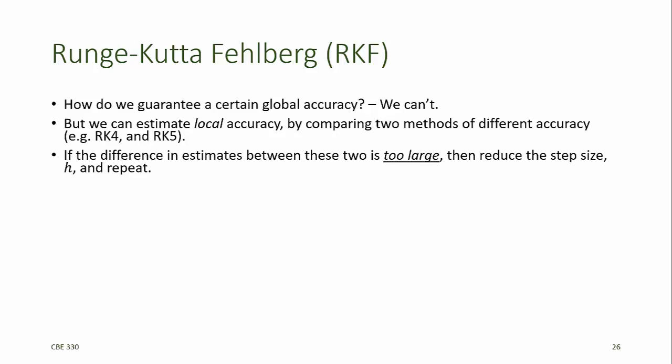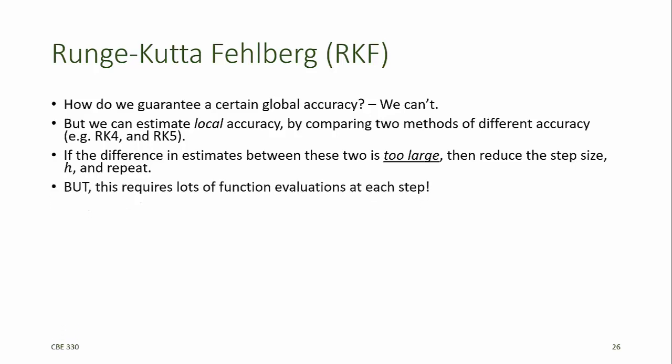If the difference in the estimates between these two is large, then it's likely that neither one of these is a great estimate, and we should go to an even higher order Runge-Kutta method if we want to improve the accuracy. We could also improve the accuracy by simply reducing the step size h and repeating the calculation.